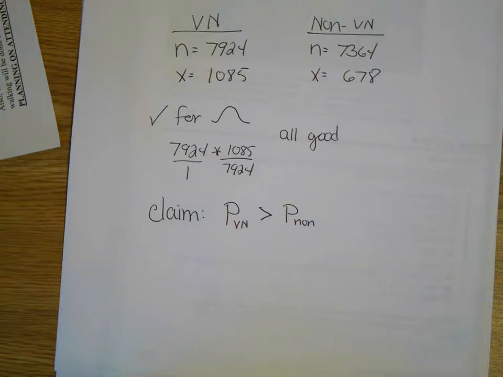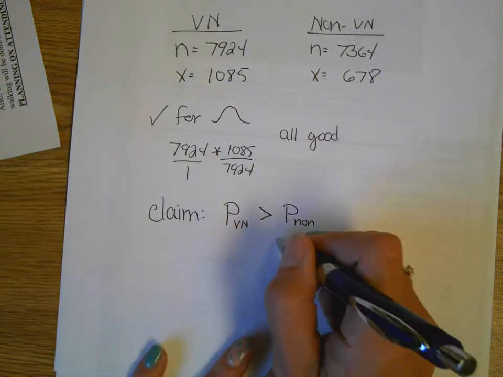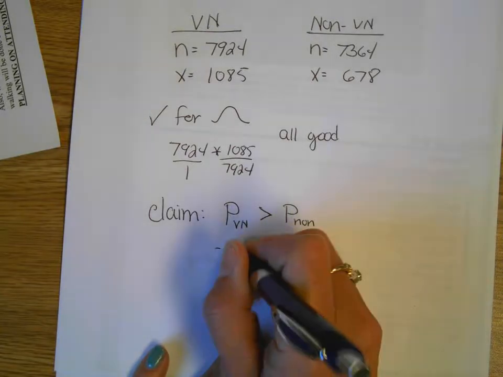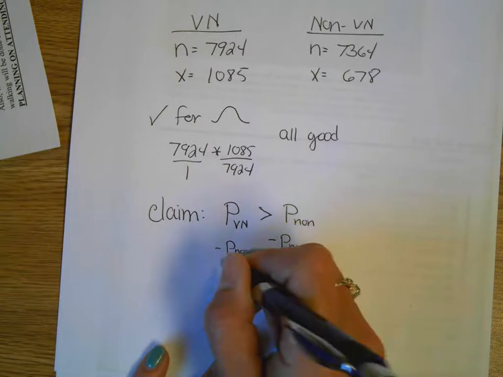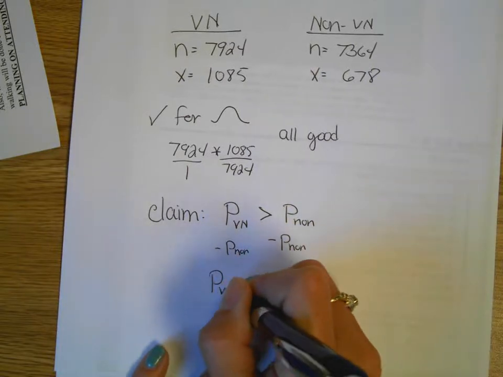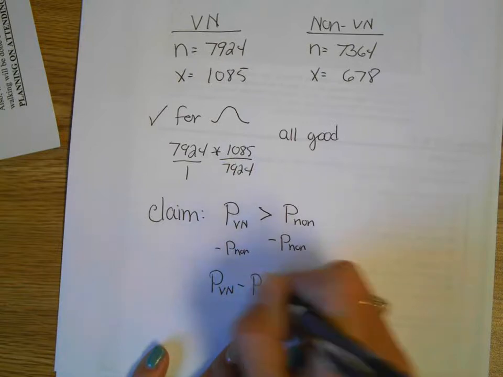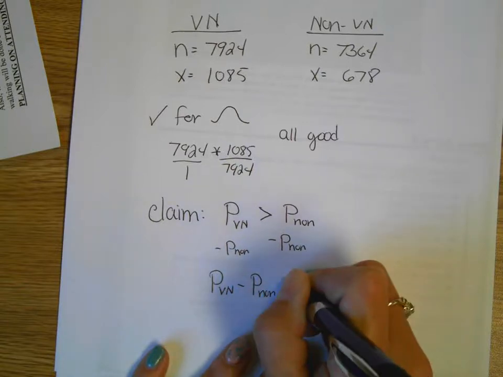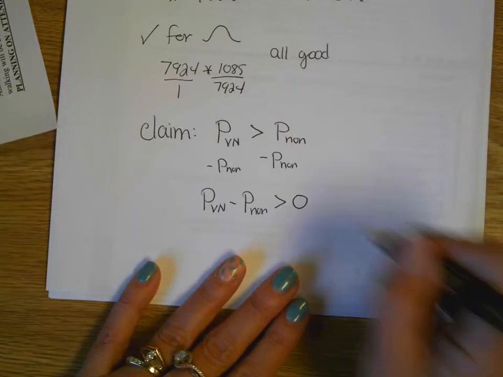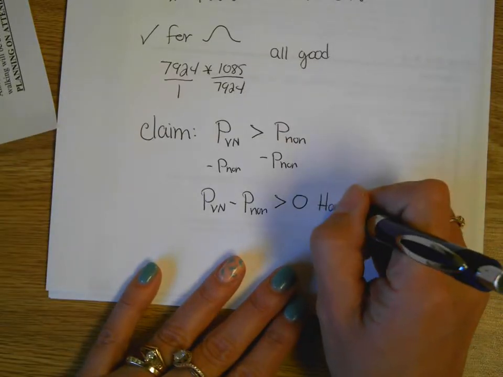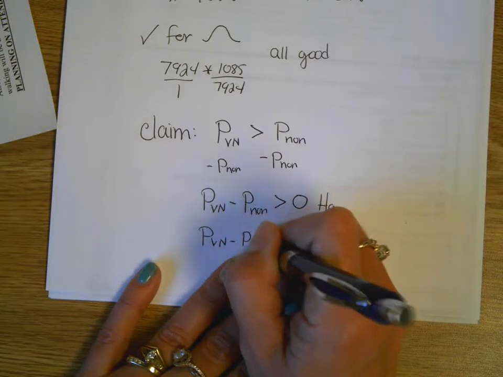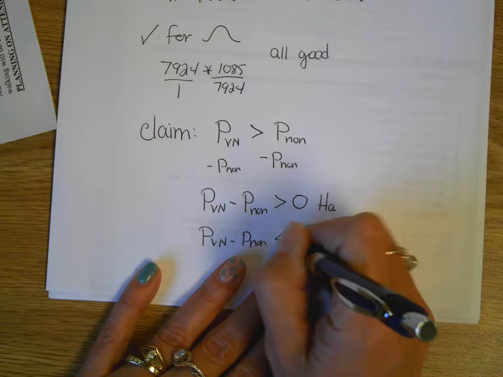If we write that as a difference, we want to write it as a subtraction, just like we have been all chapter. Our claim gets rewritten as the difference is greater than 0, making the claim the Ha.